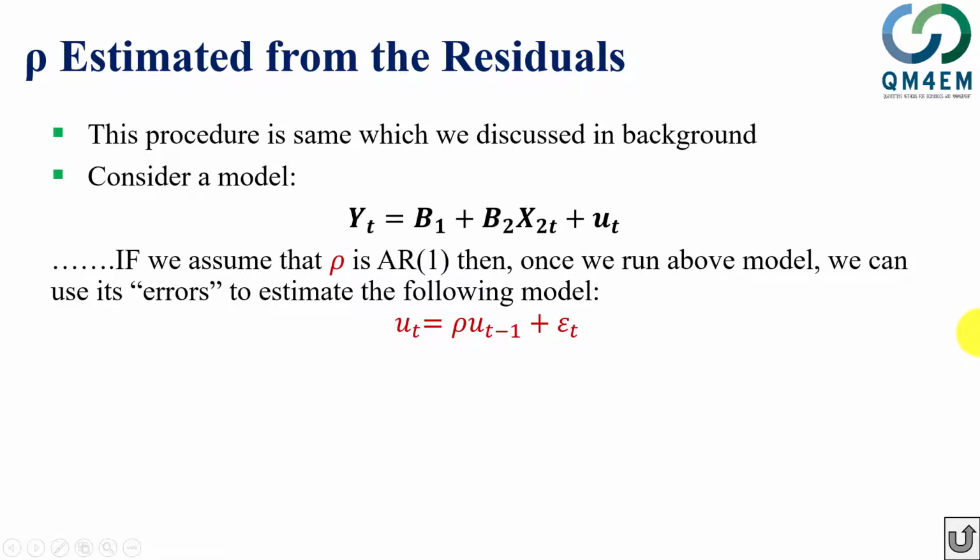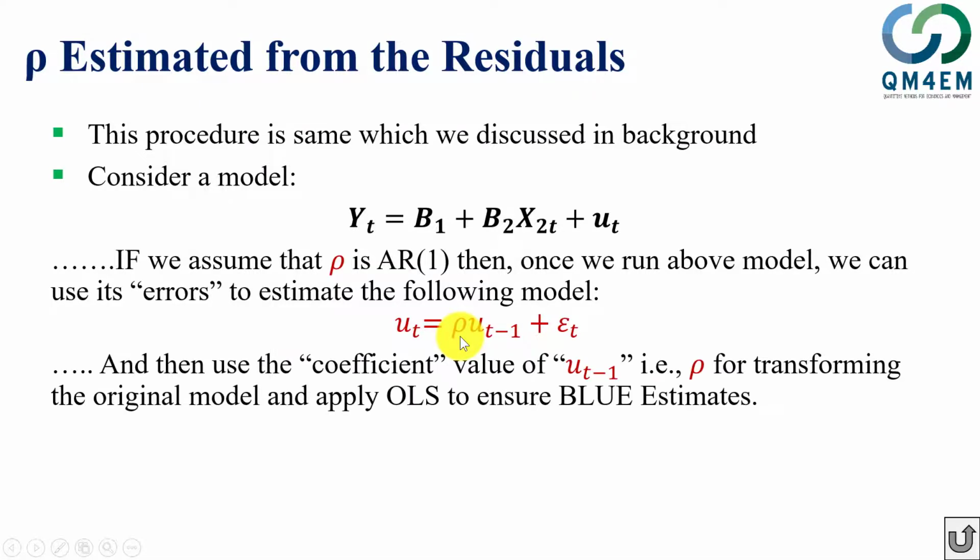So we run the original model, regress y on x, obtain the estimated error, and then regress it on its lag value and obtain the coefficient from this model.